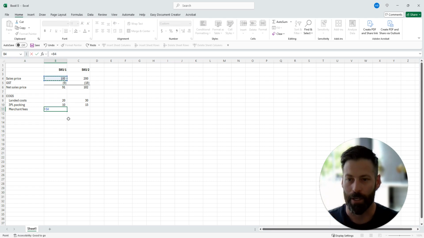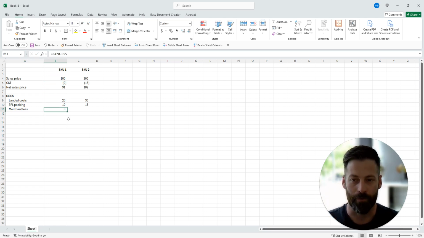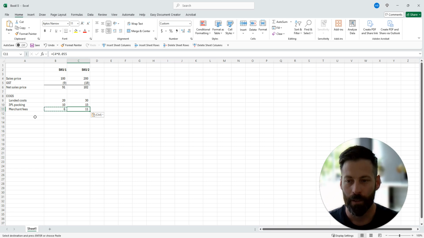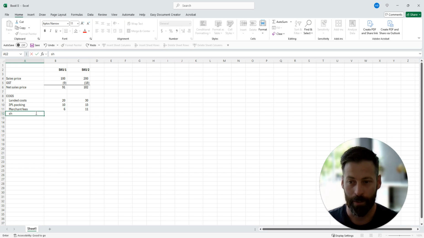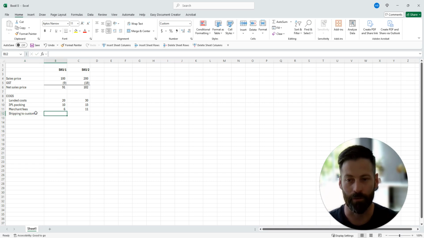Let's say we're charged about 5.5%. We're going to have the shipping to customer. So this is the last mile freight. It's the cost of getting it from your 3PL to the customer's door, and we'll say that it's $10 and $15 in this case. And what else are we missing?